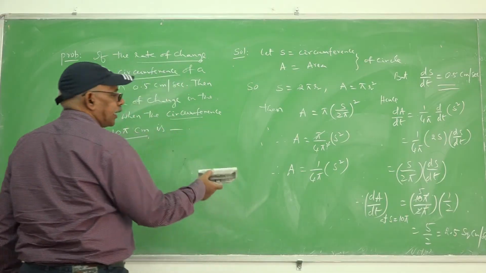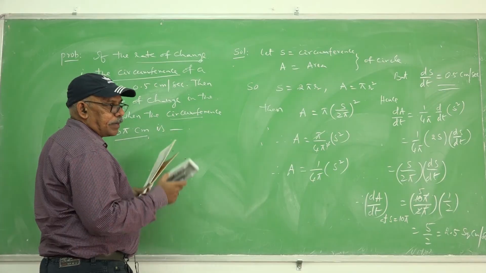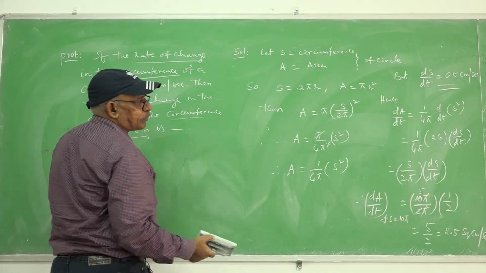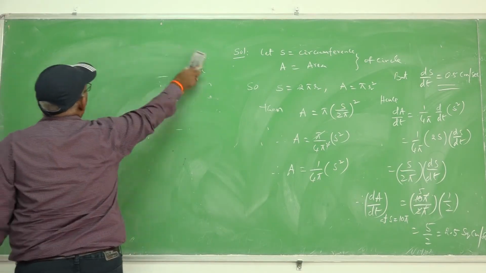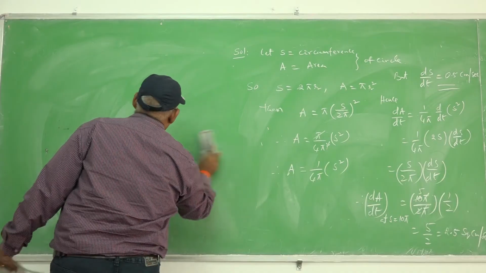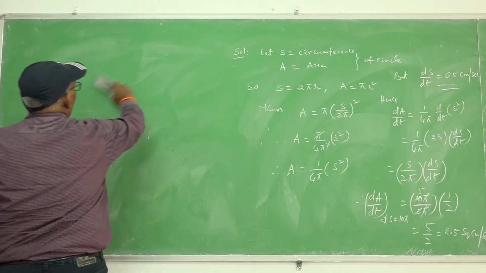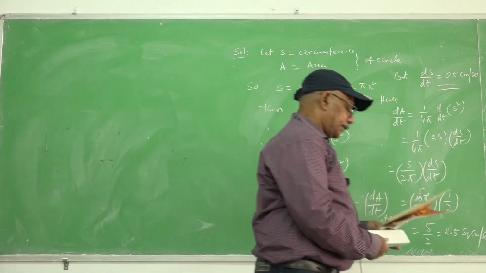No need of taking radius here. Straight away you can find a relation between area and circumference, and take the differentiation with respect to t on both sides. That gives us the rate of change in the area based on the rate of change in circumference of the circle.